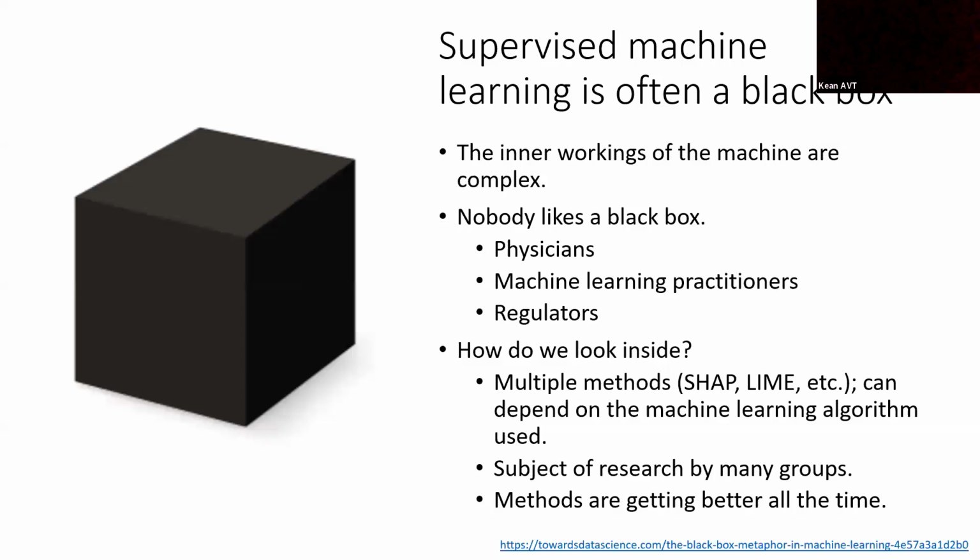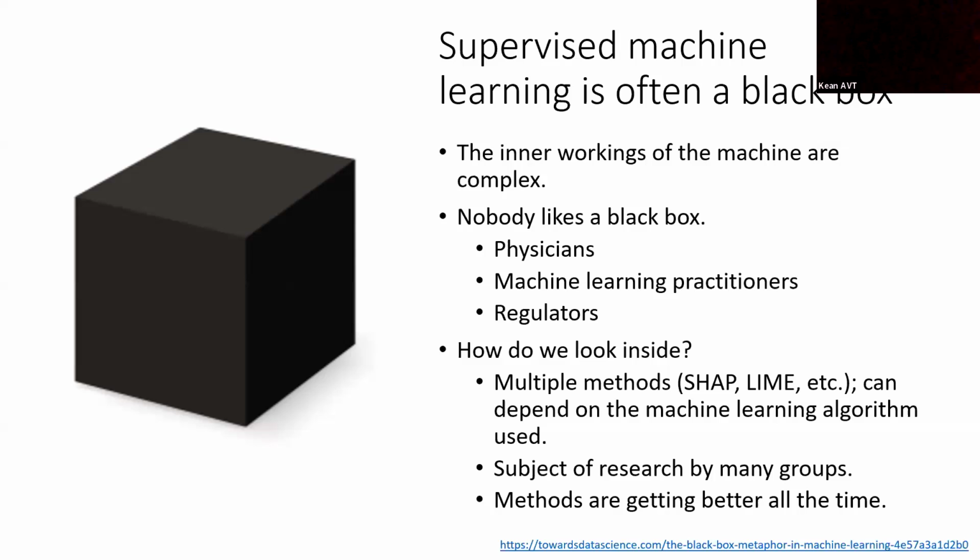Machine learning practitioners don't really like it, and regulators don't like it. The FDA and so forth want to know, how is the machine making this decision if we're going to give it FDA approval? Okay, so how can we look inside the black box?